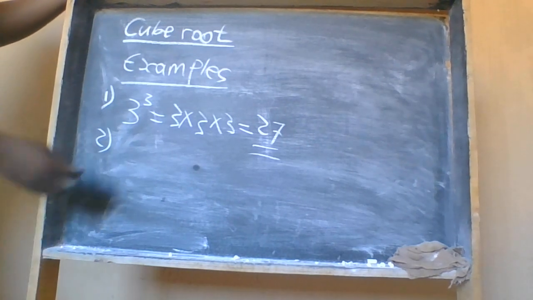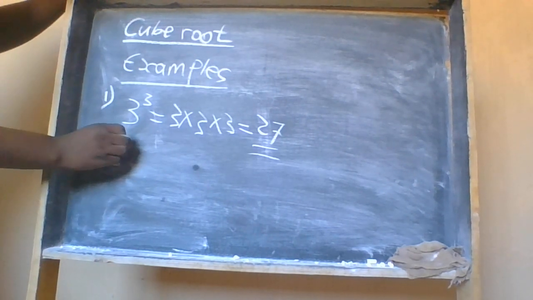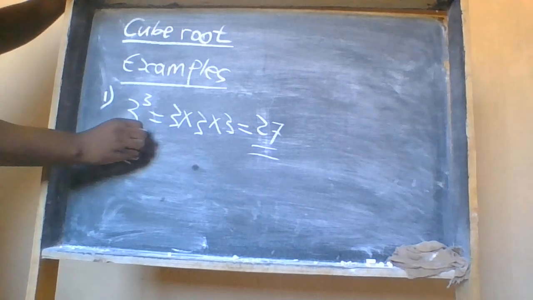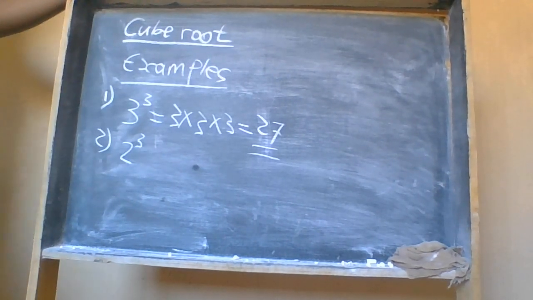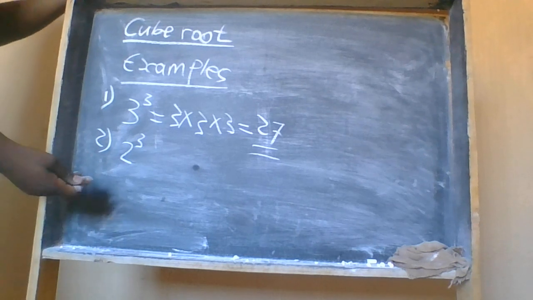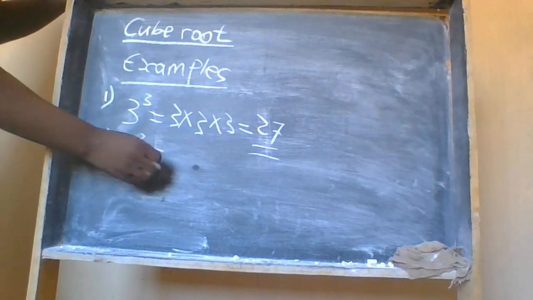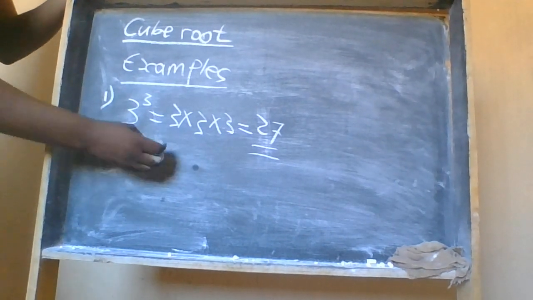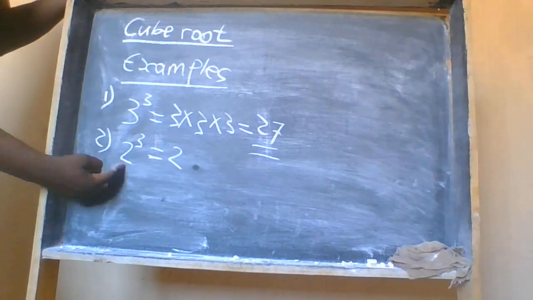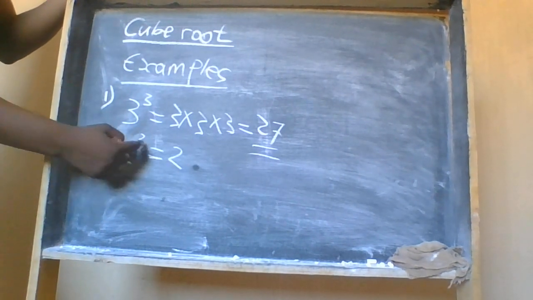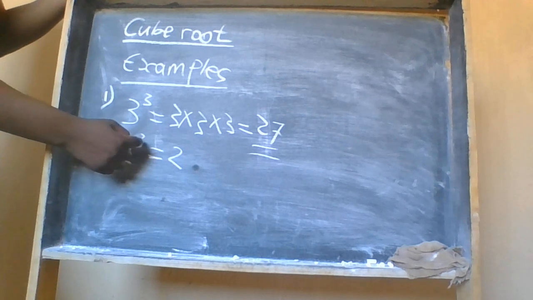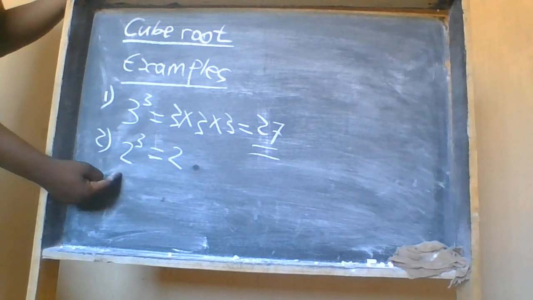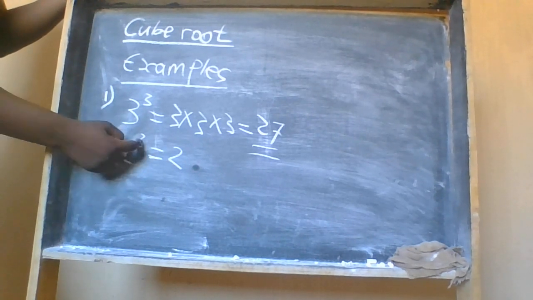Okay, it's 27. So example 2, to find the cube of 2 to the power 3. 2 cubed simply means it's the base that you are multiplying 3 times and not the power that you are multiplying 2 times. Don't swap these.